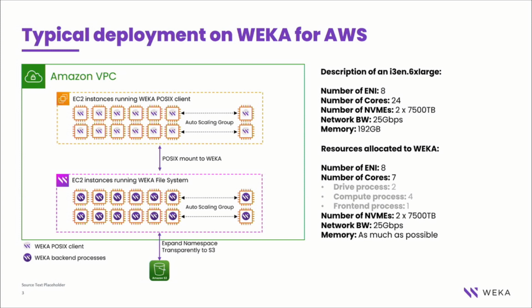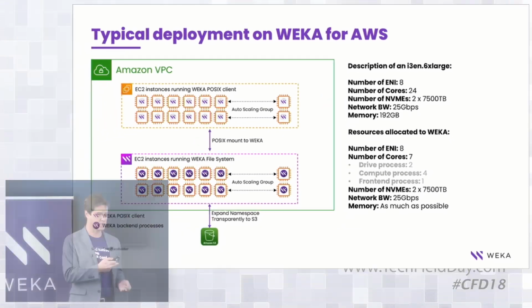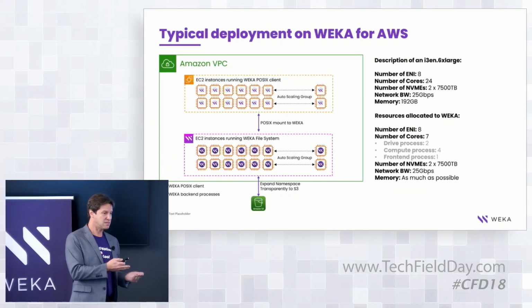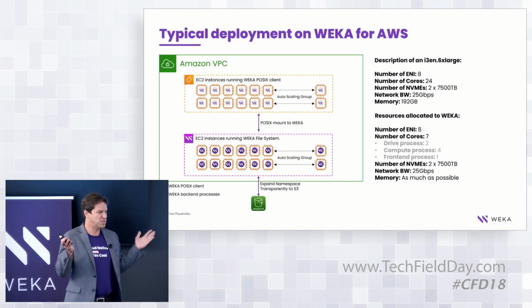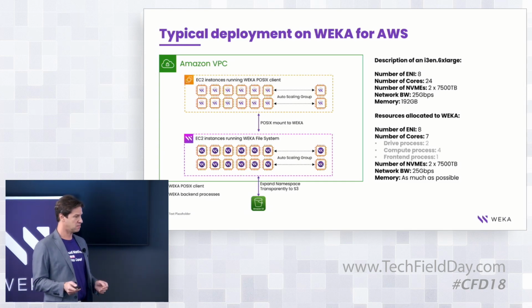So we are using only 7 cores out of the 24. There is a breakdown on how, but we are using both NVMEs, because you don't use those NVMEs for the operating system. You have another disk. And we are using as much network and as much memory as we can use. It doesn't mean that we need it, but we are in greedy mode. We don't have any competitors here, right?